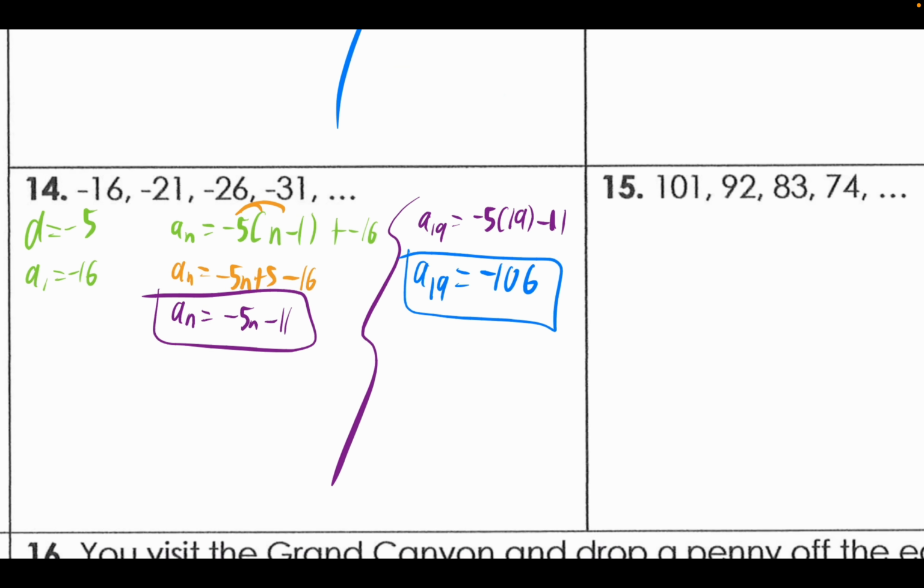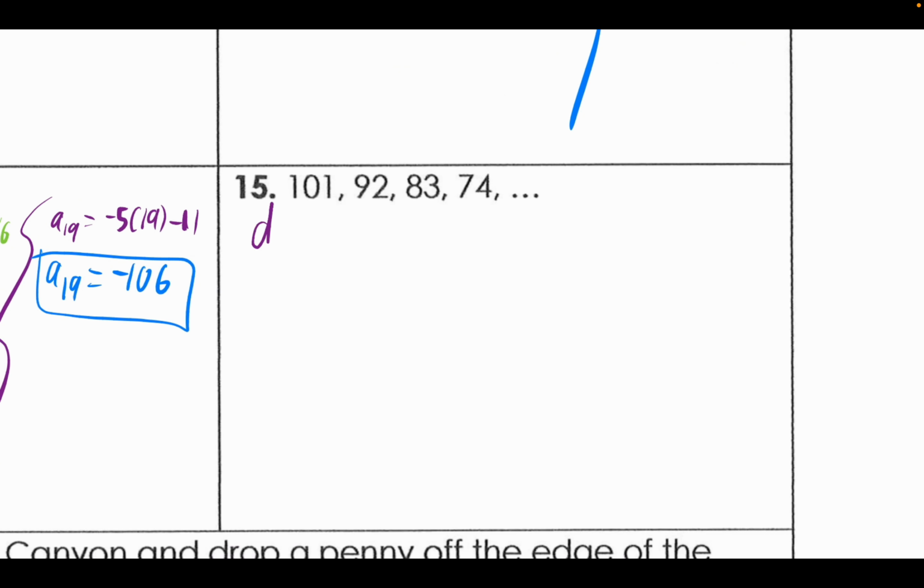Moving on to number 15, d is negative 9, a sub 1 is 101. Plug this into the formula. A sub n equals negative 9 times the quantity of n minus 1 plus 101. So a sub n equals, as we distribute, negative 9n plus 9 plus 101.